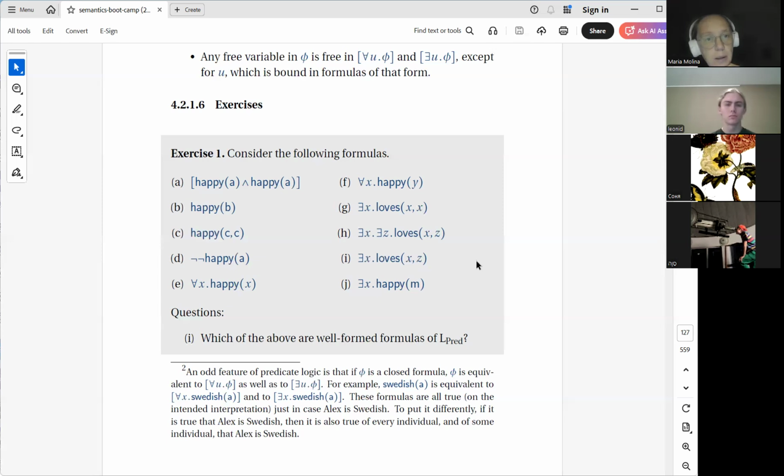Happy A and happy A gives us true, like always, right? But it's still a well-formed formula syntactically.